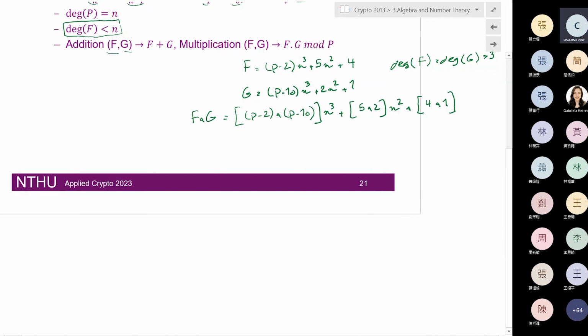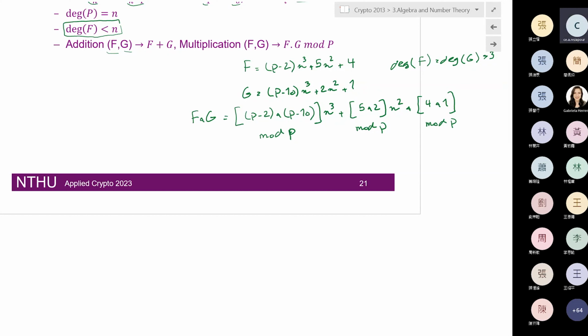When you do this addition, we need to apply mod p over here, right? Because all these coefficients are coming from the group Z_p. So we are going to apply mod p, to make sure that they remain in the same group.